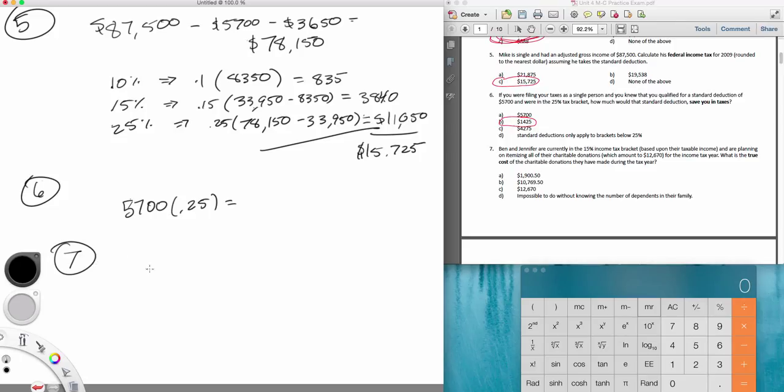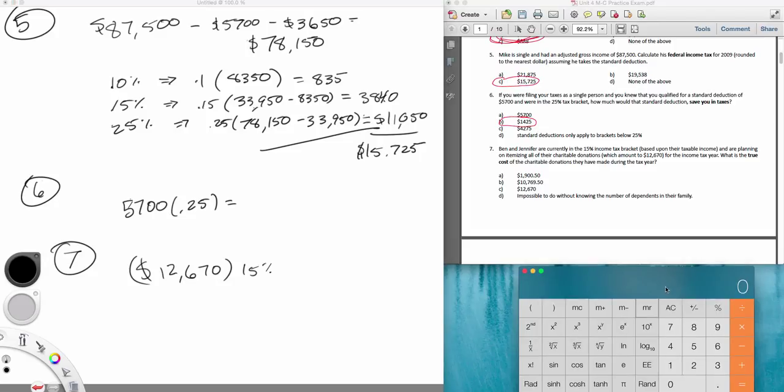So what we need to do is calculate how much would be saved. So remember, they're in the 15% tax bracket, so we're going to calculate that at the 15%. So 12,670 times 15% is $1,900.50.